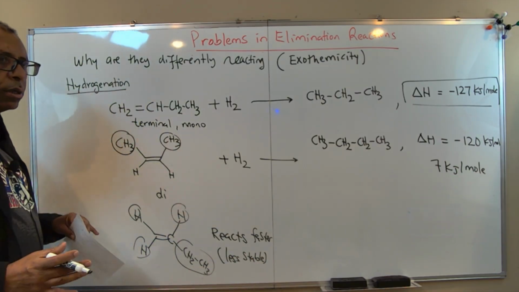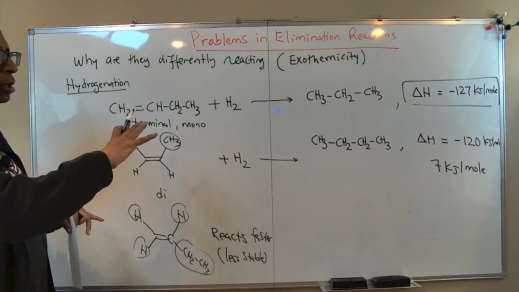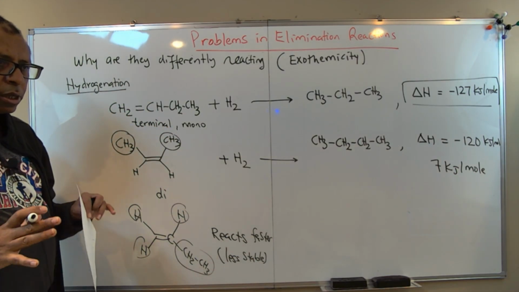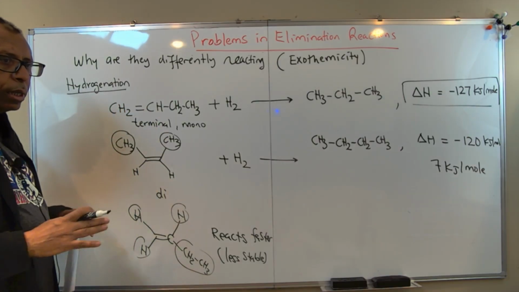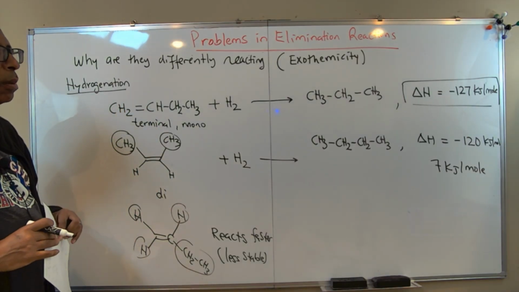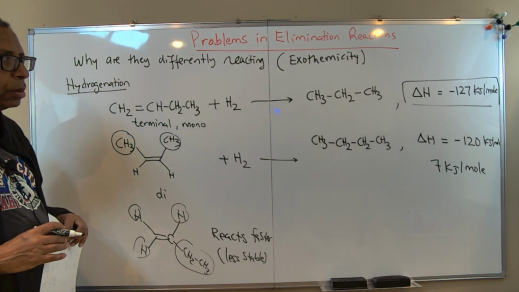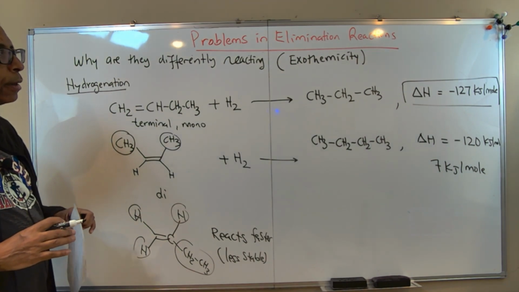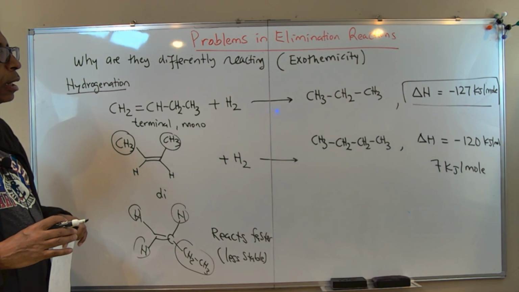That's the answer for this question. Even though it's indirect, it's testing you on which of these two alkenes is more stable. Okay, I will continue more on alkenes and elimination.